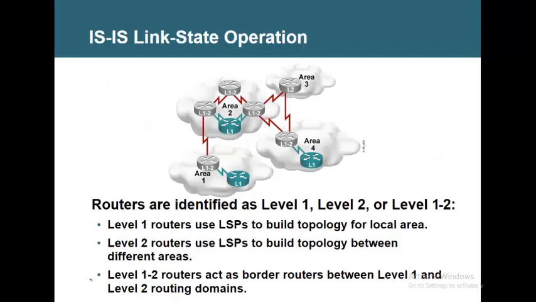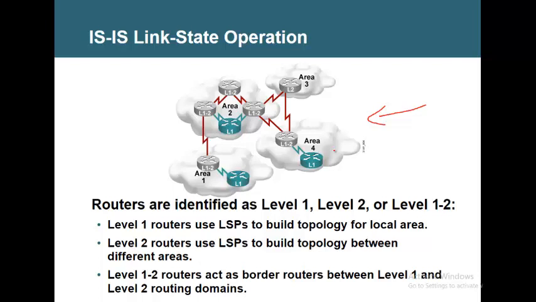Now, as I said, ISIS has multiple areas. If you see this picture here, it very clearly explains that there is no area 0. In OSPF, we have area 0 only to act as a backbone area.